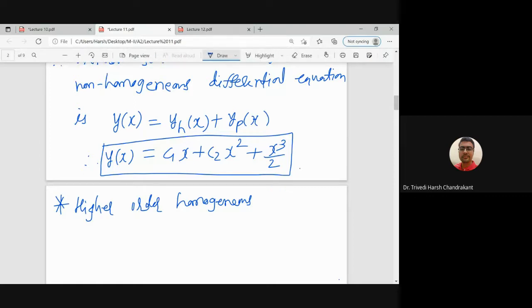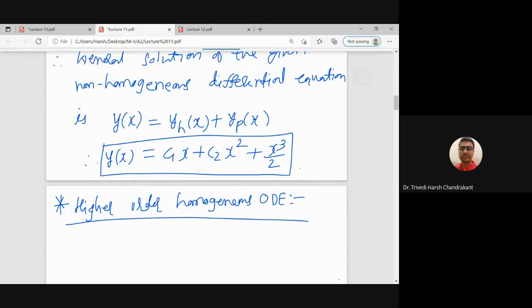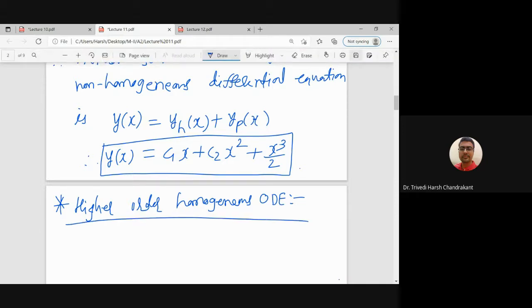Ordinary differential equations. Yeah, so whenever we have higher order ordinary differential equation, how do we solve such equation, particularly when the equation is given to be homogeneous?